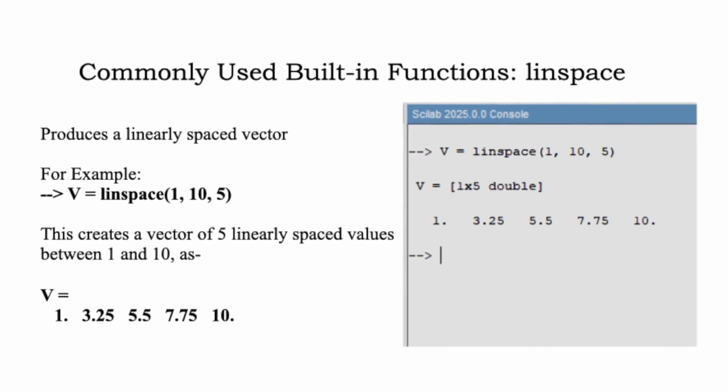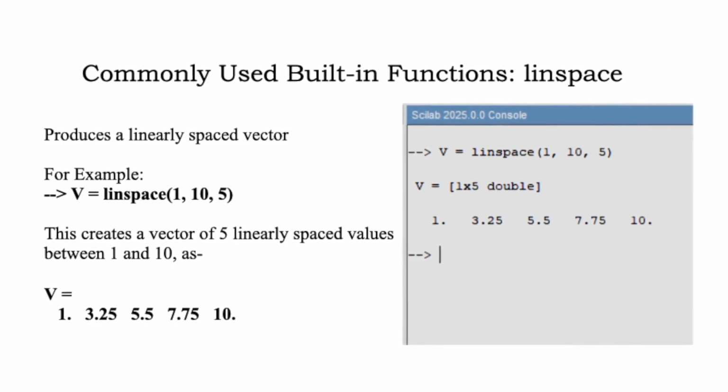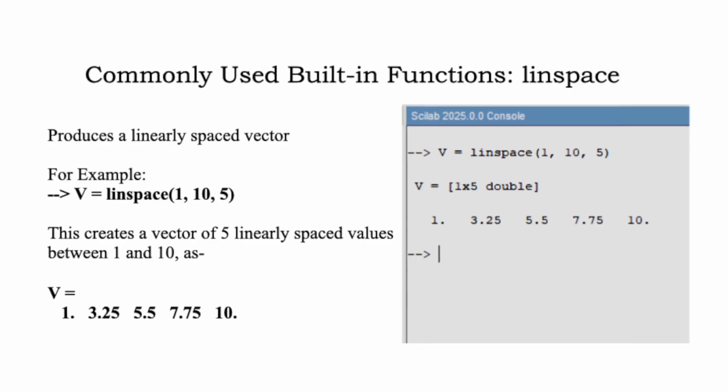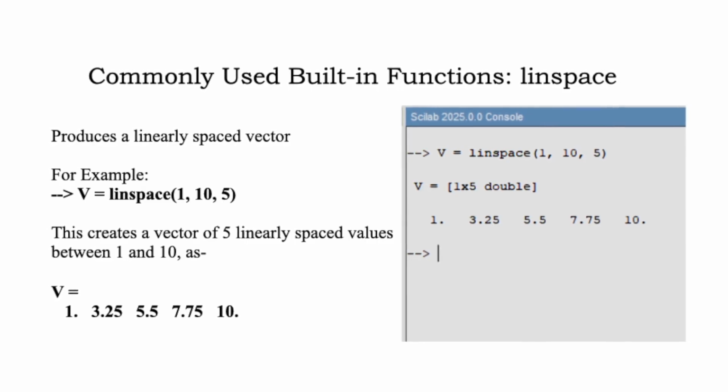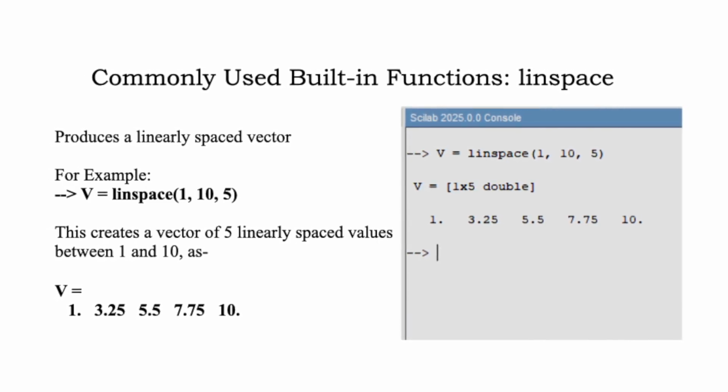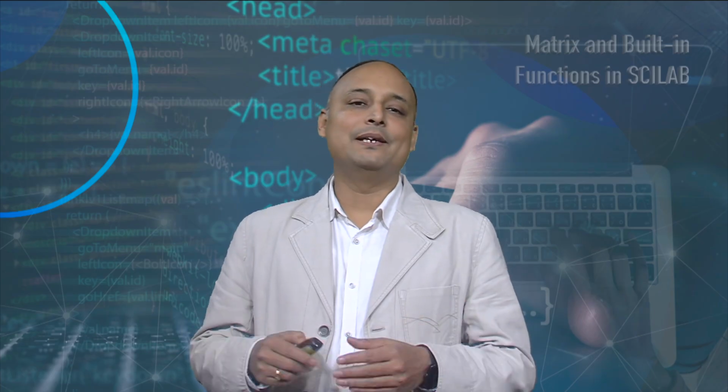This creates a vector of 5 linearly spaced values between 1 and 10 as V equal to 1, 3.25, 5.5, 7.75 and 10. The range from 1 to 10 being divided into 5 equally spaced numbers.